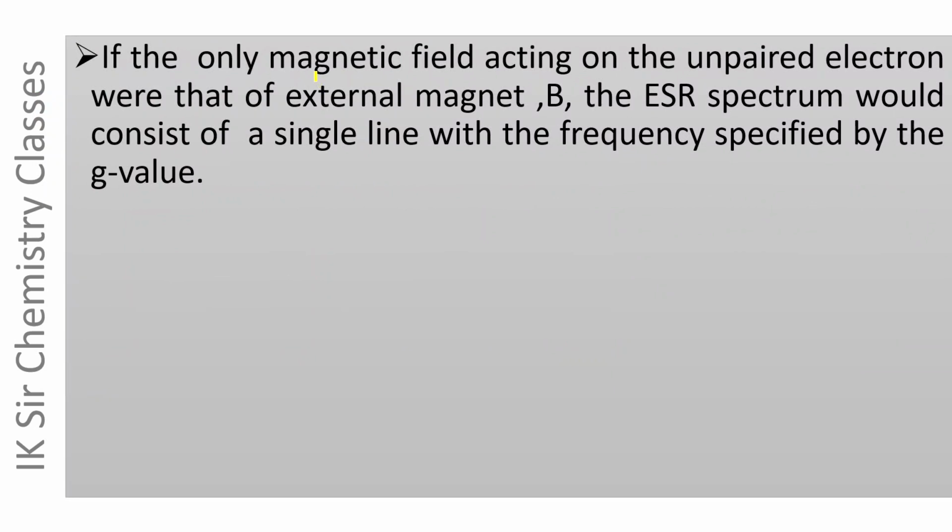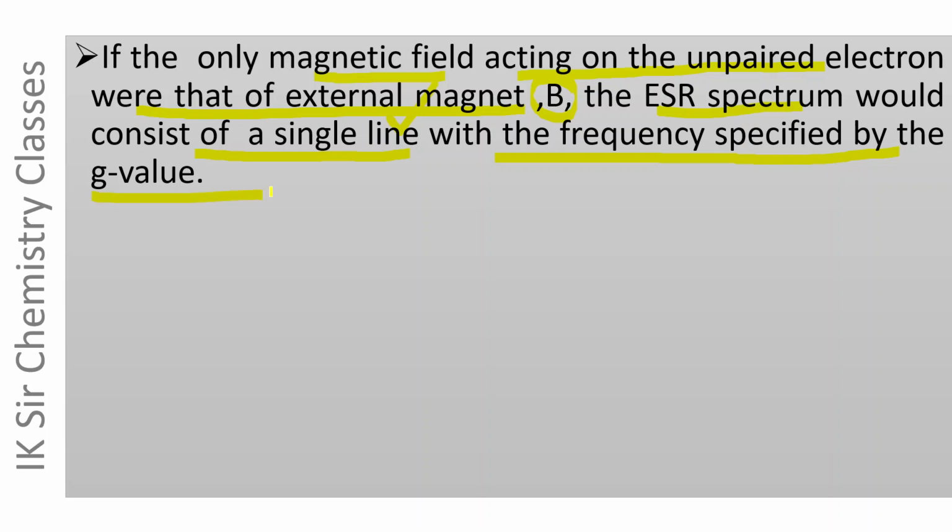If the magnetic field which acts on the unpaired electron is only that of the external magnet, and the strength of this magnetic field is B, then the ESR spectrum would consist of a single line with the frequency specified by the g value.